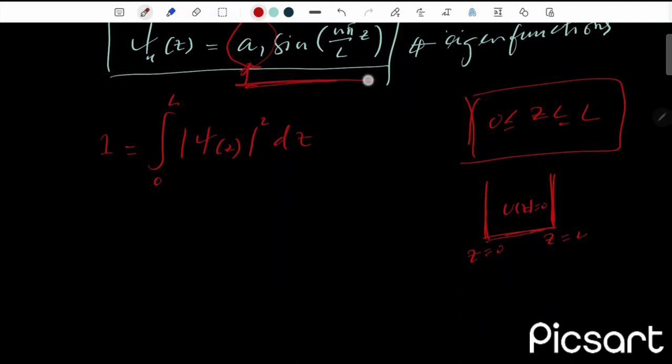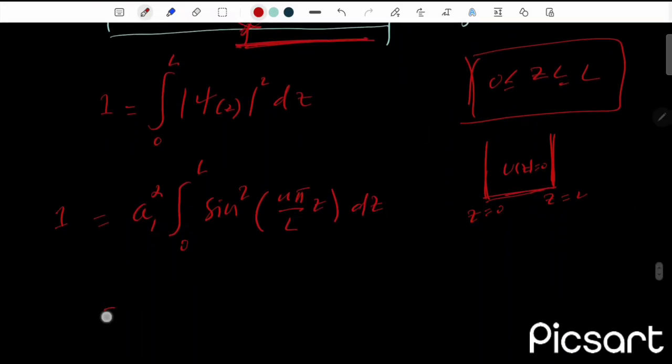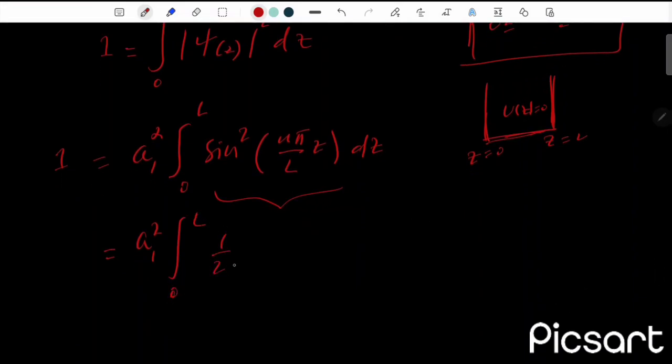Then if we take the square of the module of this function, we have 1 equal to a1 square times the integral between 0 and L of sine square of n times pi over L times z d of z, and we can rewrite this sine square as 1 over 2 times 1 minus cos of 2 times n pi over L times z d of z.